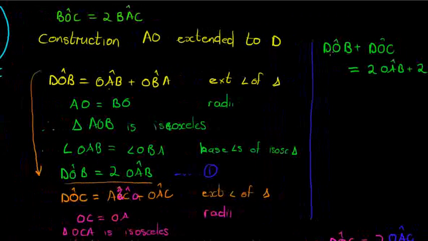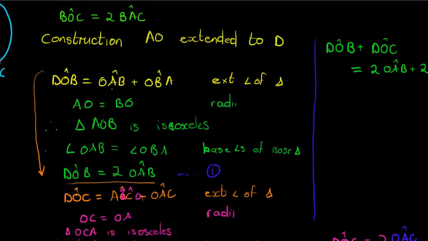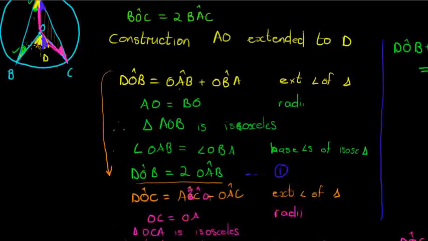Now look, angle DOB and DOC, look what they are. Here's angle DOB, and this sketch is getting slaughtered now. Do you see it? It's that angle there, plus DOC, that angle there.